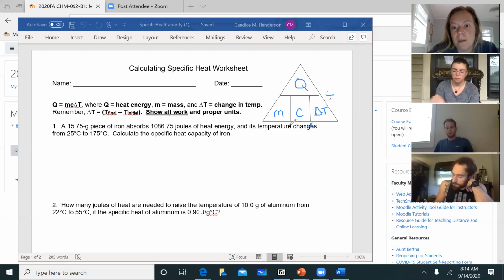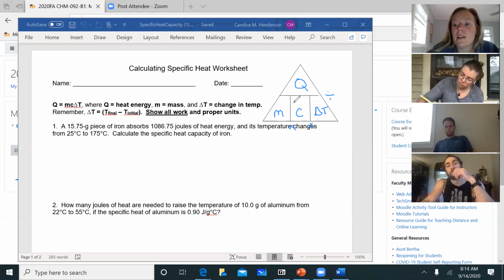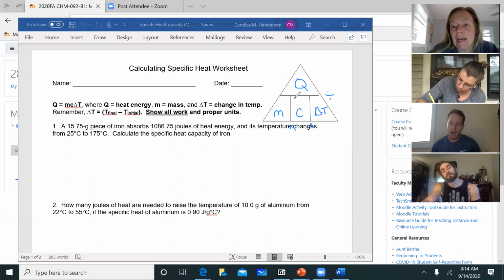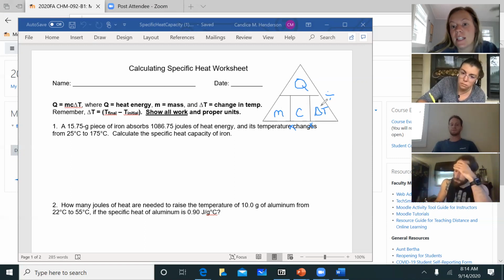These are multiplier bars, okay? So if I want to solve for Q, Q will equal this times this times this. If I want to solve for mass, my value will equal Q divided by C times delta T. If I want to solve for delta T, it will equal Q divided by mass times C. So just a fast way to isolate variables.